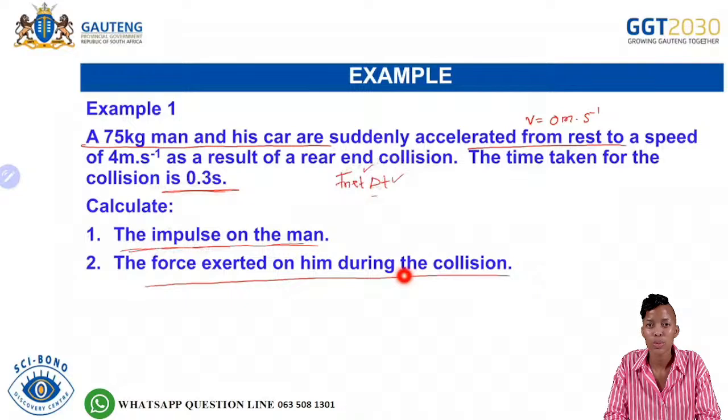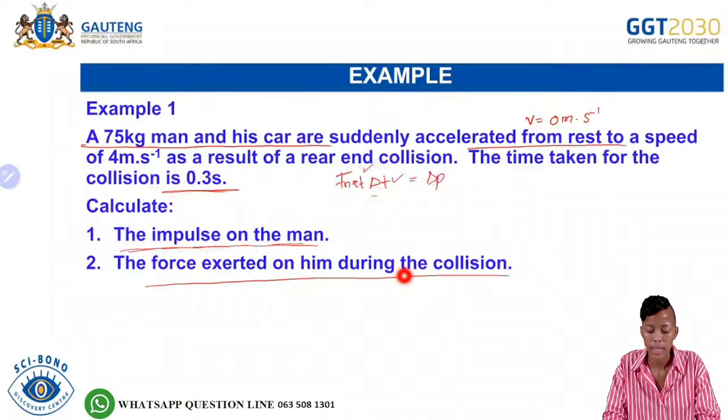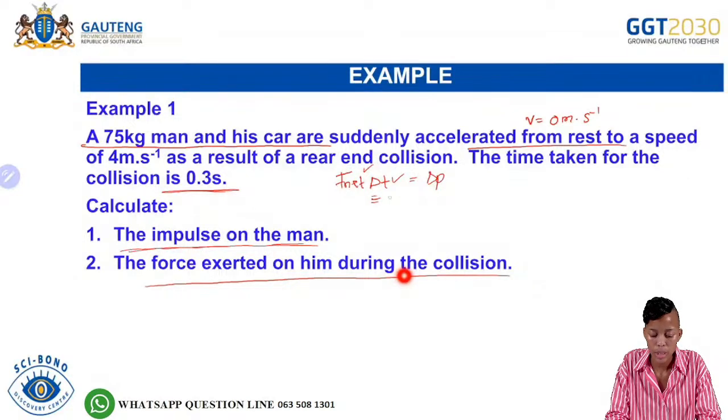So what are you going to do to calculate the impulse? You say F net change in time is equal to your change in momentum. That would give you your impulse. So we say P final minus P initial, where P final is given by m v final minus m v initial.